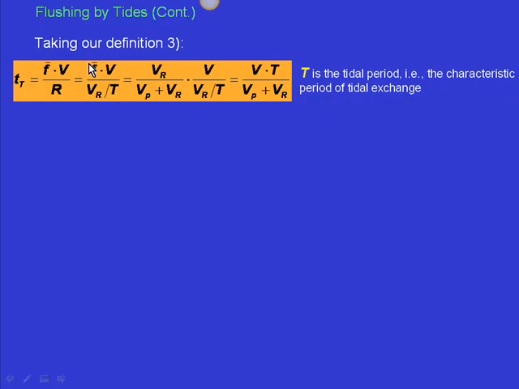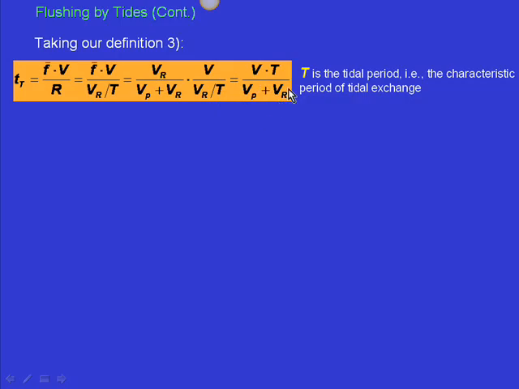And we have, from the previous slide, that this average freshwater fraction is given by the ratio of these two volumes, right? And multiplied times the volume of the basin divided by V sub R over T. So notice that this V sub R cancels out with that. And then this T, the tidal period, goes to the numerator. So we have V T. It doesn't mean Virginia Tech, but it means, what does it mean here?